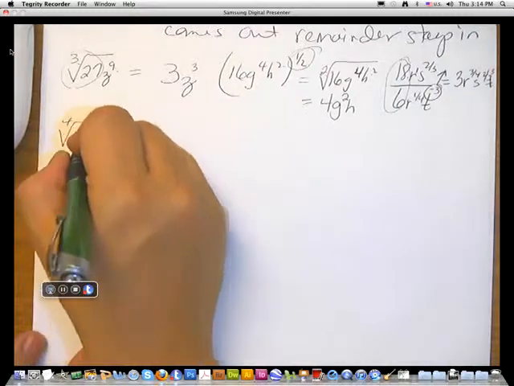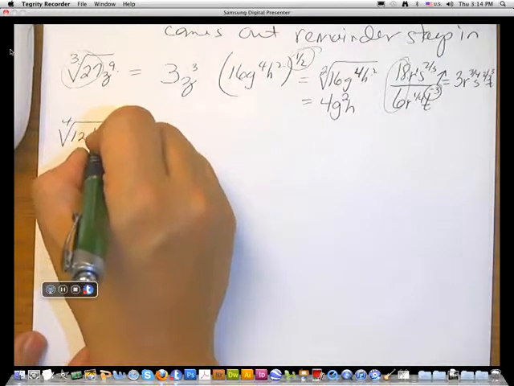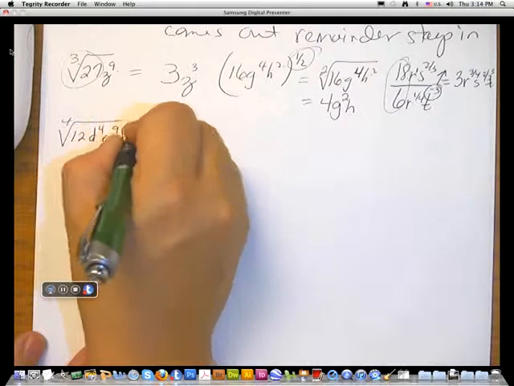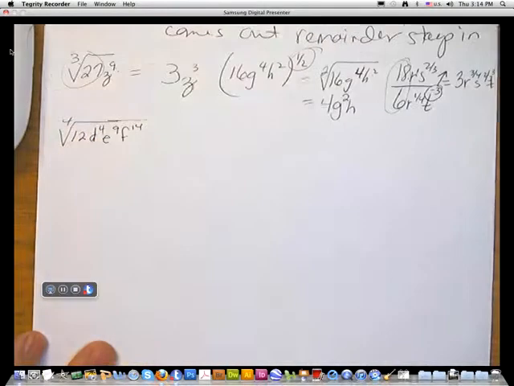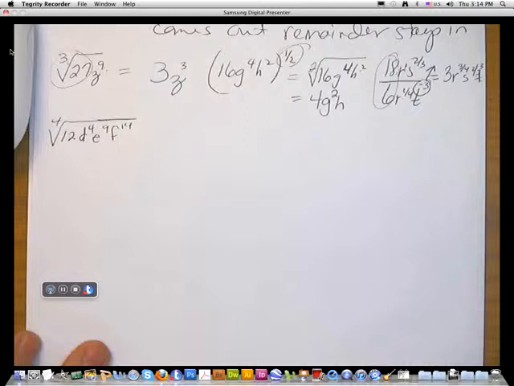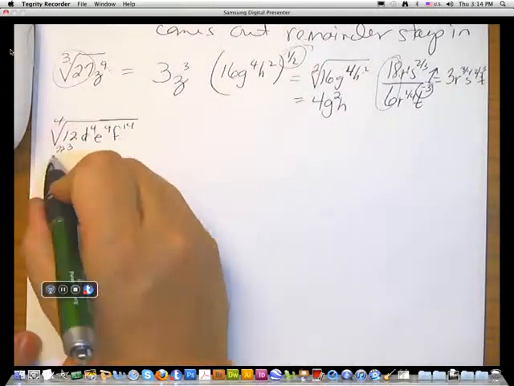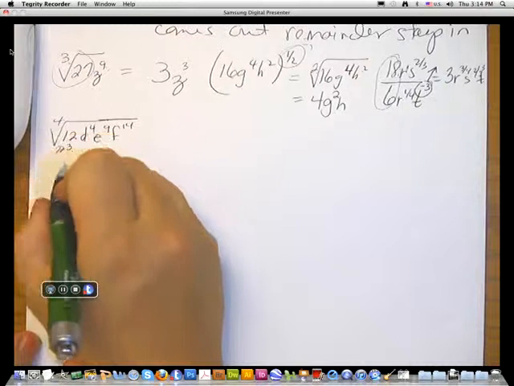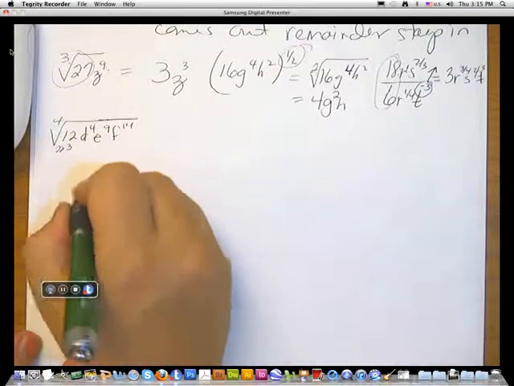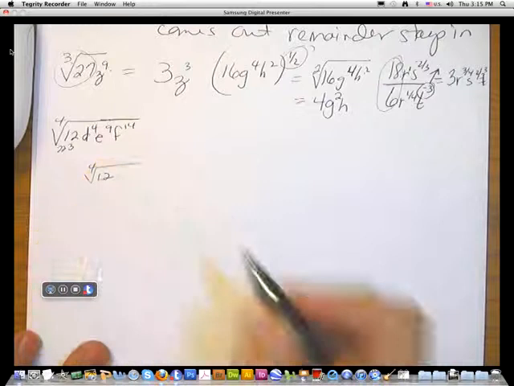Fourth root, 12, d^4, e^9, f^14. First of all, you look at 12. 12 is made of 4 and 3, 2, 2, 3. There's not 4 of the same thing, so there ain't nothing happening with that 12. It is staying.